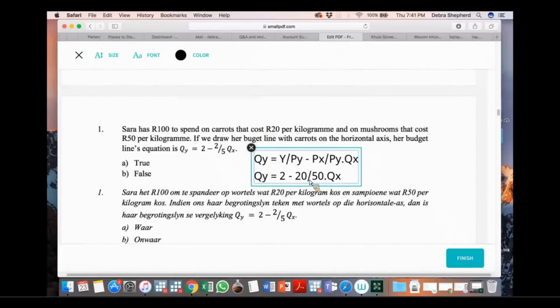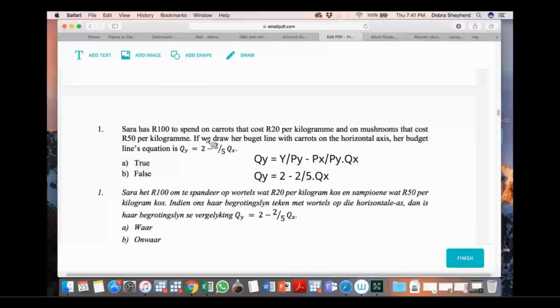And 20 divided by 50 gives me 2 over 5. So using knowledge of the general form of the budget line gets you to that answer. So the answer to this question is true. It's A. So that's if you remember that equation off by heart.